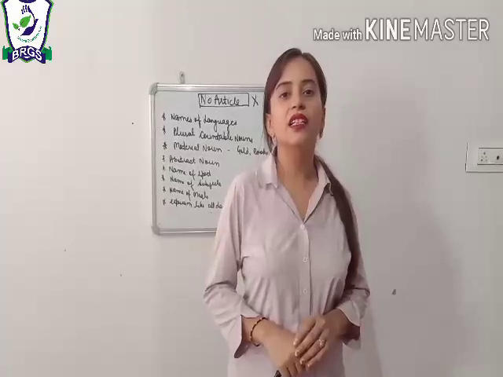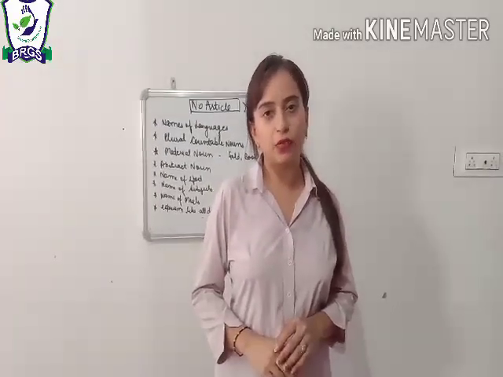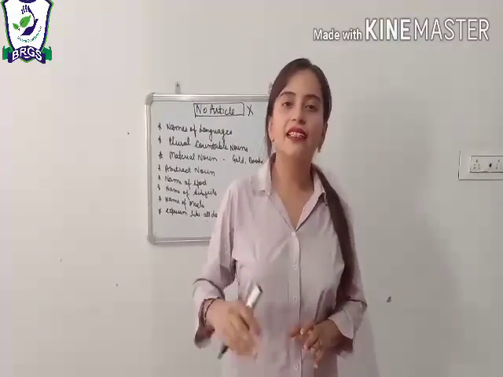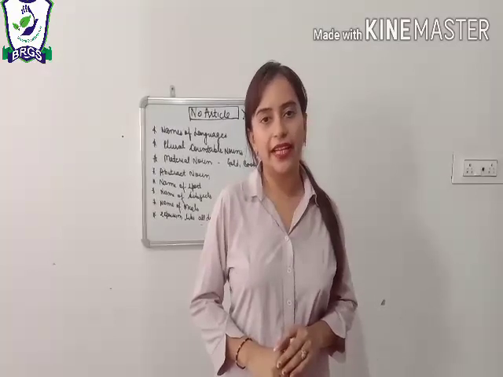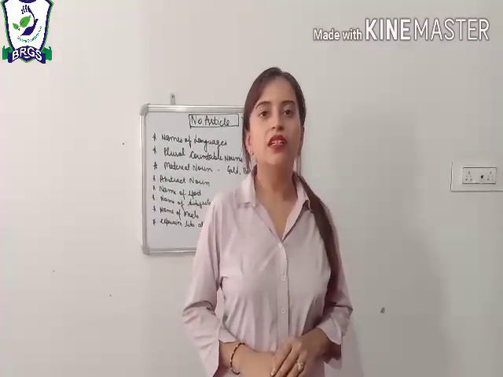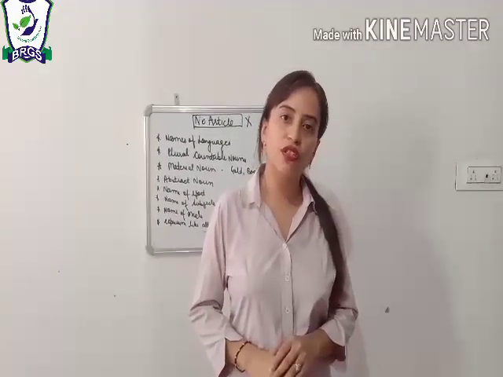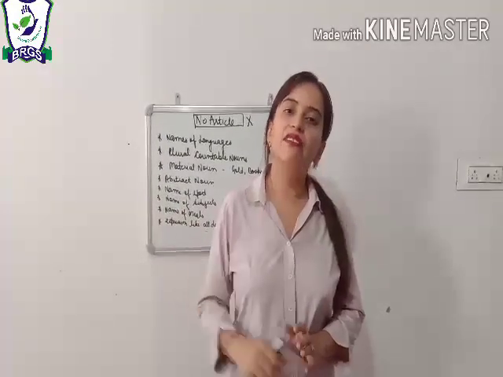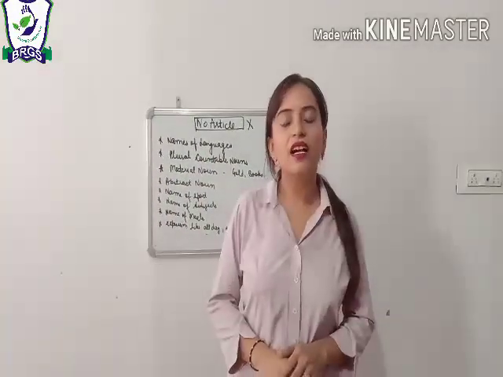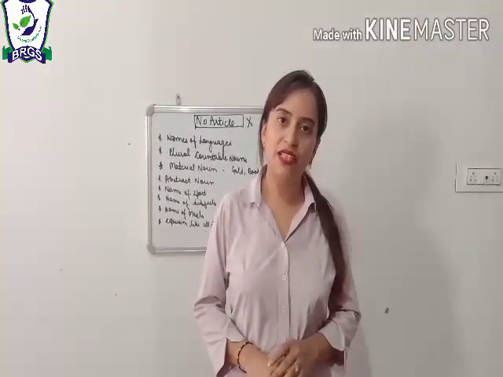Articles tell us about the noun the speaker is referring to, whether in a general sense or a particular sense. And under that we have learned how to use a and an. A and an depend upon the sound of vowel or consonant. Then we have learned the usage of the, and at last we have learned the places where no articles are used. I hope you have understood the lesson.